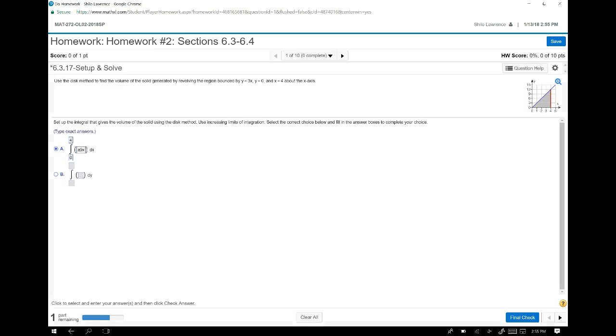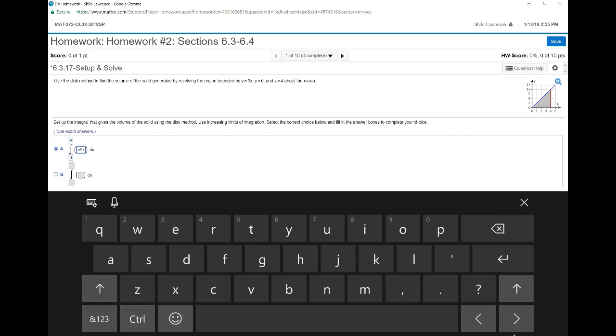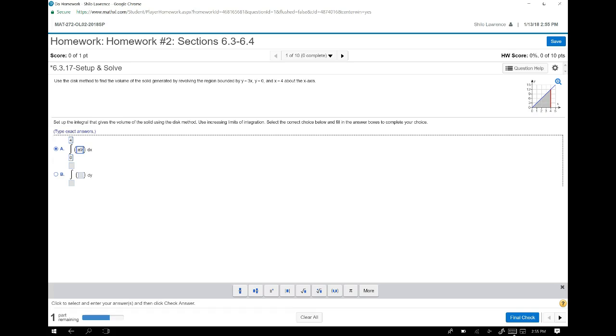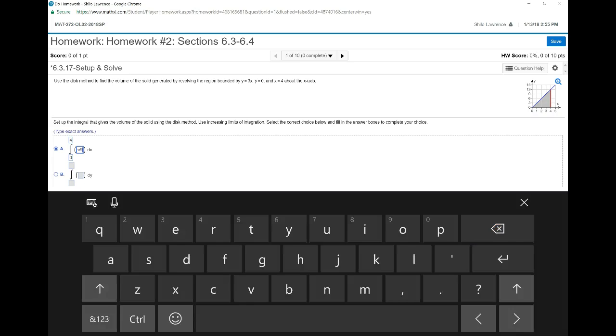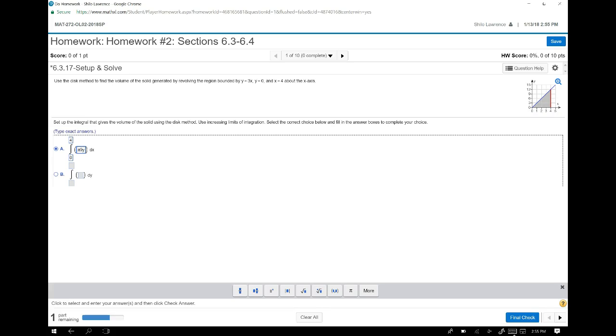So again, if you've got this down on paper, you can look and see what you did, especially if it's more than just a piece of it that's wrong. I'm going to get this wrong again a third time because the third time is when something different is going to happen. I'm going to change it to a Y, which is really, really wrong. Notice that this box down here says final check.